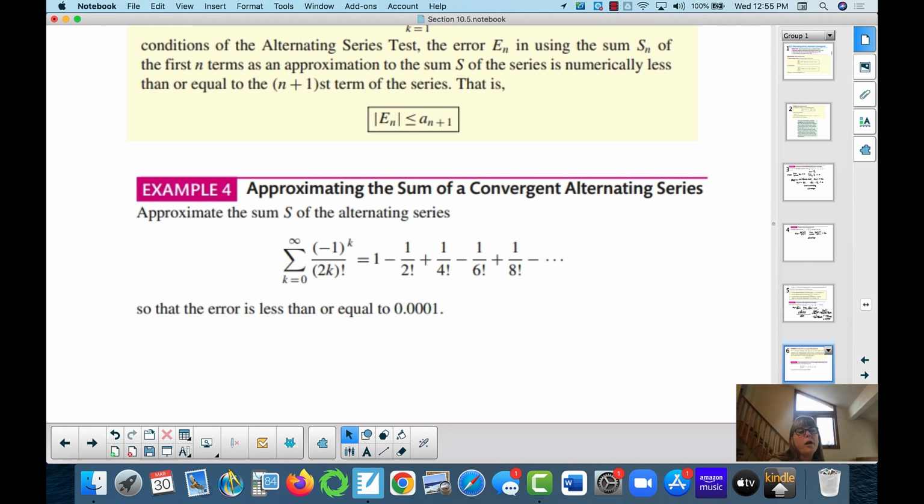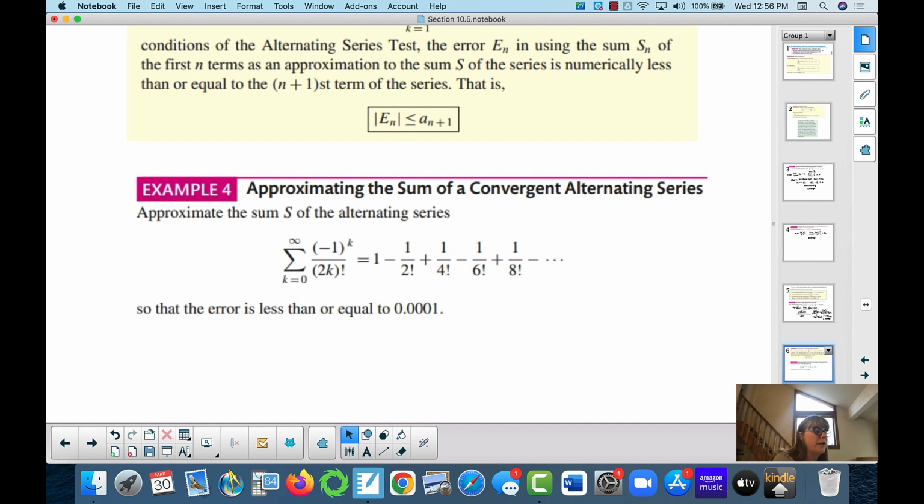So if I want to know what the sum is with an error less than or equal to 0.001, that would mean I have a number and anything I add after that is going to be less than that number, and so I'm that close to the actual sum.